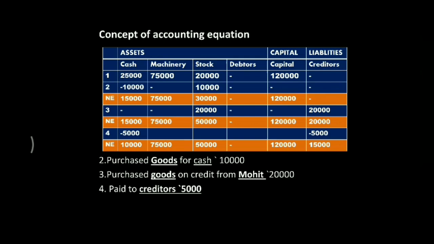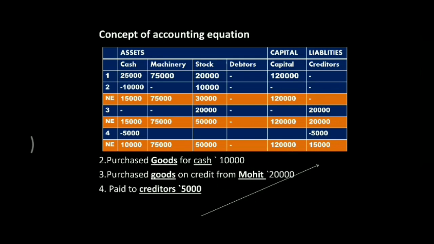Since we are paying rupees 5,000, cash will decline by 5,000 and the amount of creditor will also decline by 5,000. Earlier creditor was 20,000, but now we have paid rupees 5,000, so now Mohit is a creditor for 15,000.